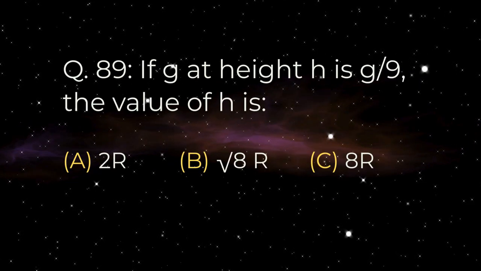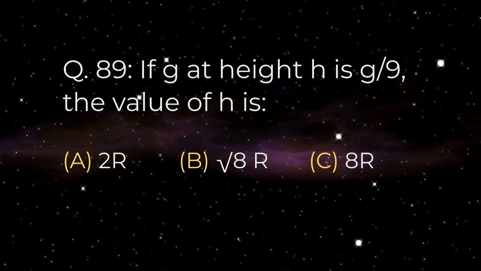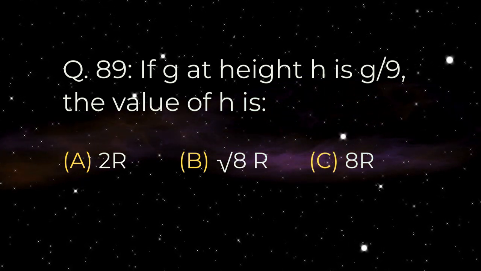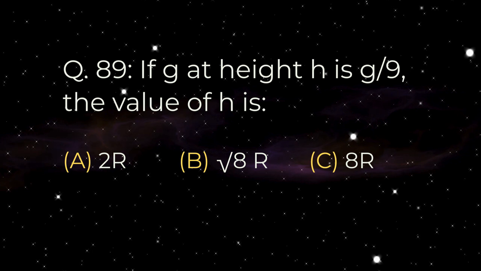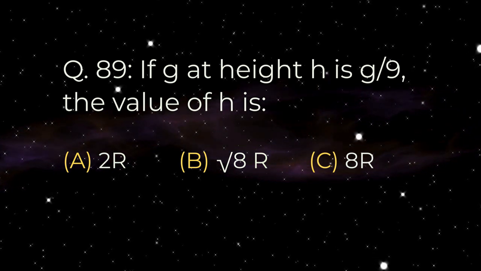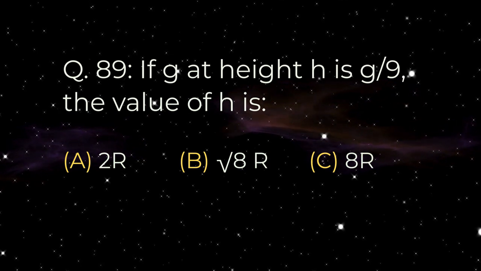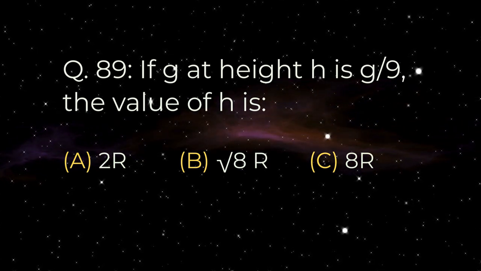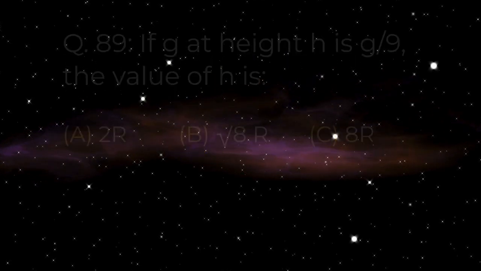Question 89. If acceleration due to gravity at a height h is equal to g by 9, the value of h is: option A, 2R; option B, root 8 R; option C, 8R.